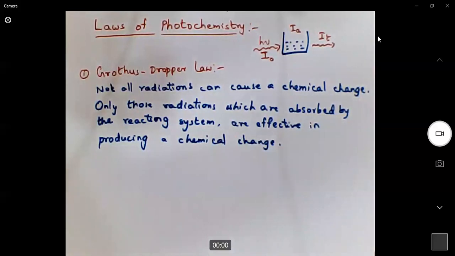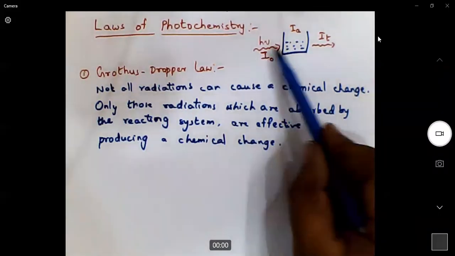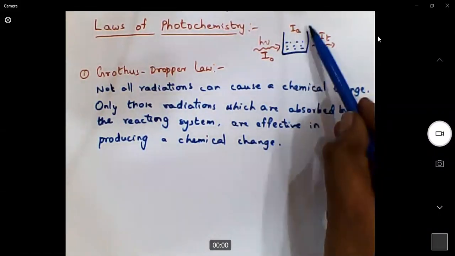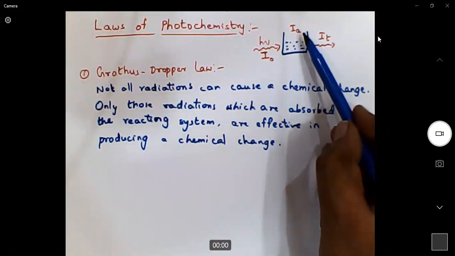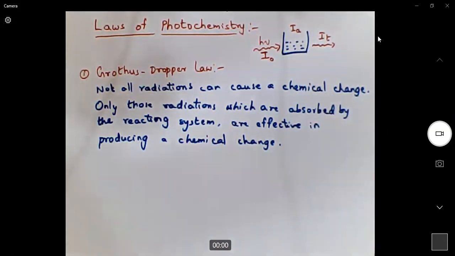So according to the Grotthuss-Draper law, only those radiations which are absorbed by the molecule are responsible for the chemical transformations. It is just a basic law.